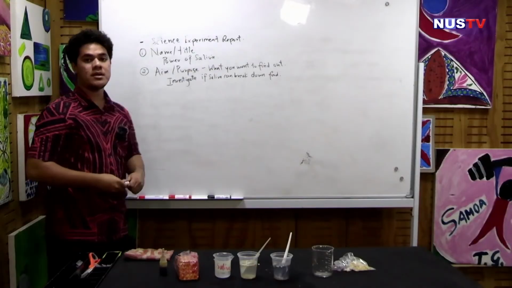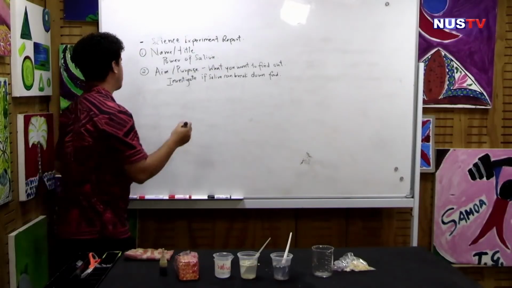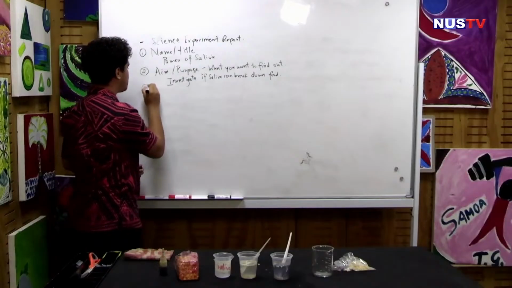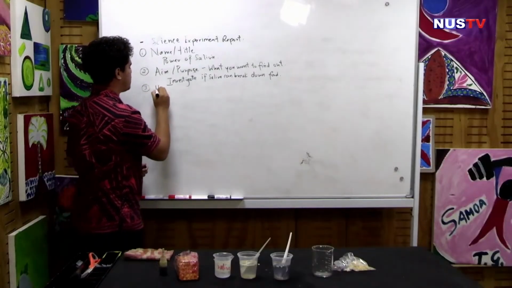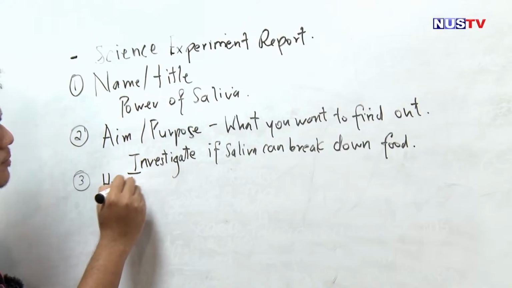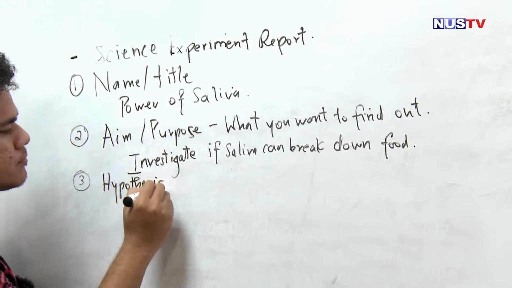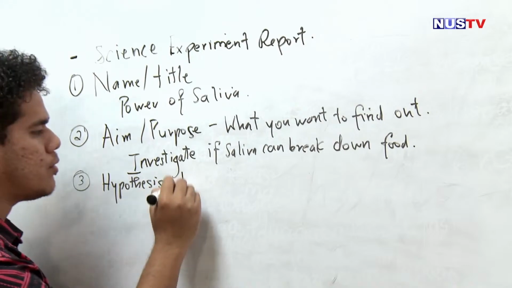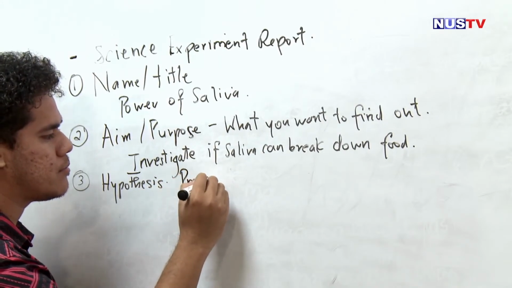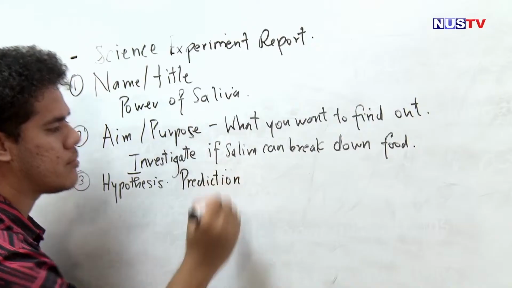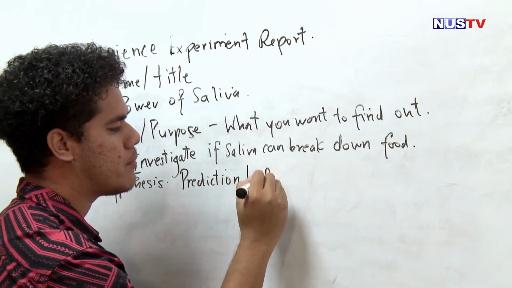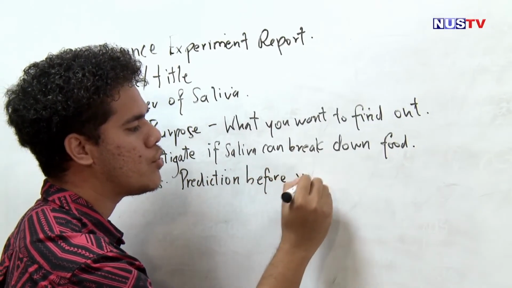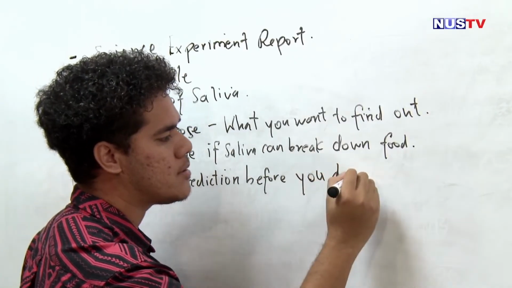The next one would be our hypothesis, number 3. So hypothesis is defined as your prediction before you do the experiment.